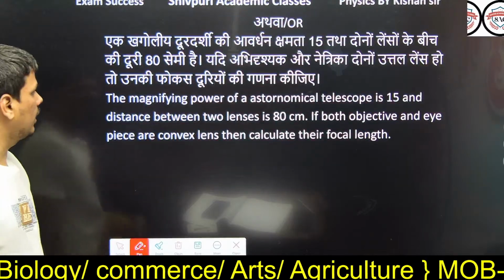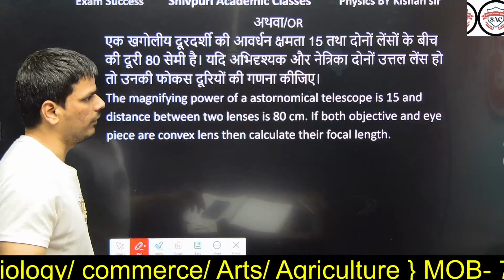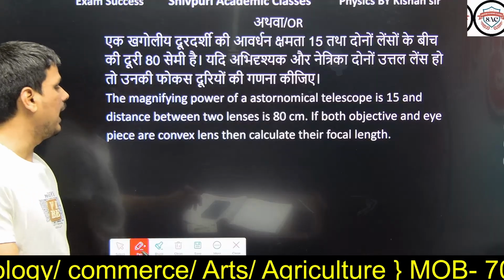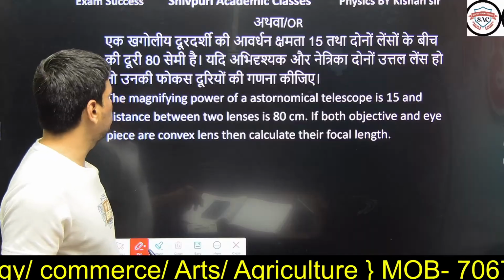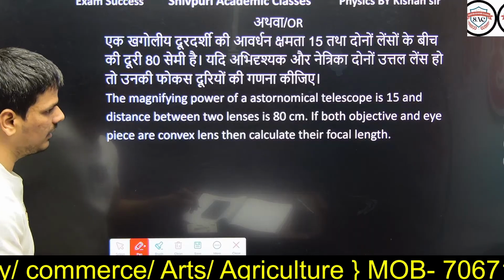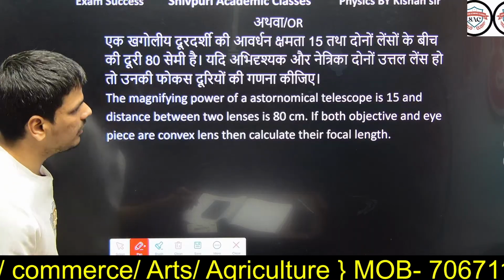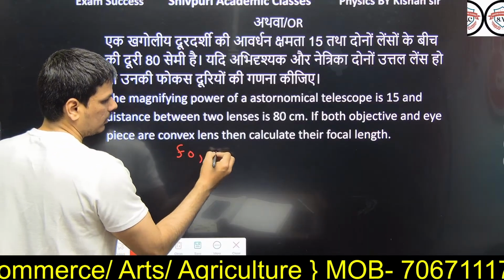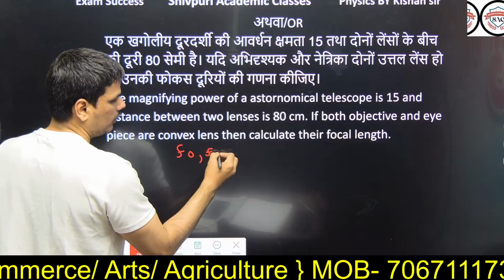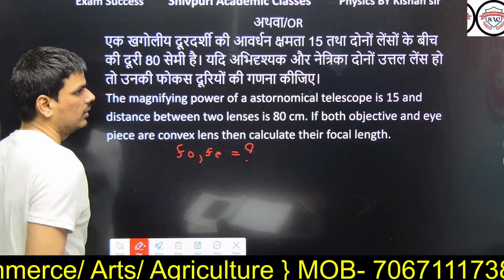There is another numerical. The magnifying power of an astronomical telescope is 15 and the distance between the two lenses is 80 centimeter. If both objective and eyepiece are convex lenses, then calculate their focal lengths. So we need to calculate the focal length of the objective lens and the focal length of the eyepiece lens, both unknown.